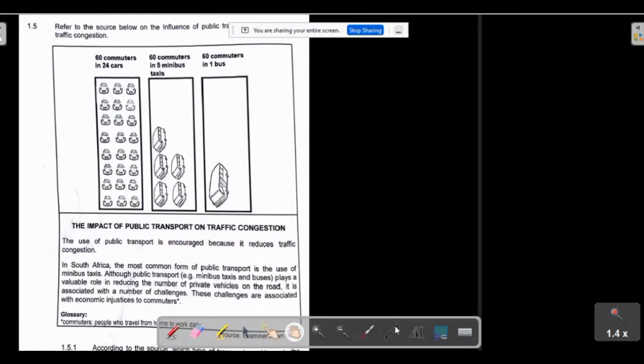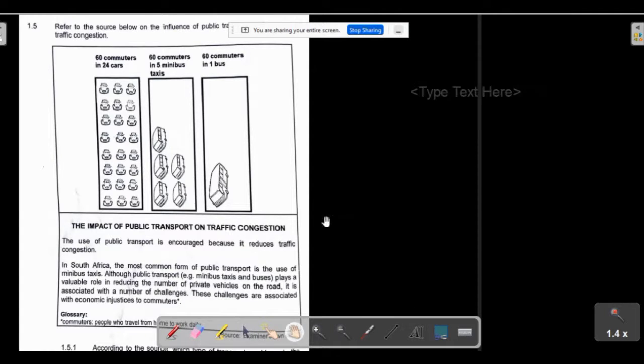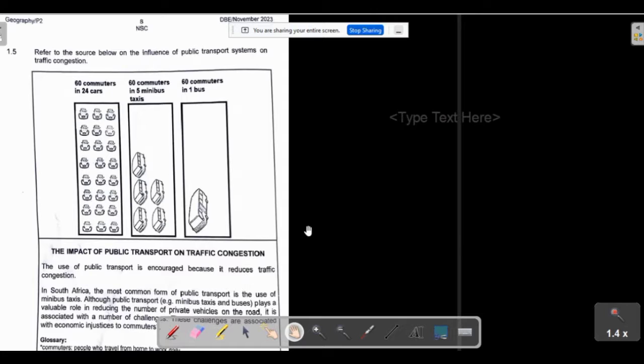So, refer to the source below on the influence of public transport systems on traffic congestion. Okay, so when it comes to public transport systems, guys, what are we referring to?